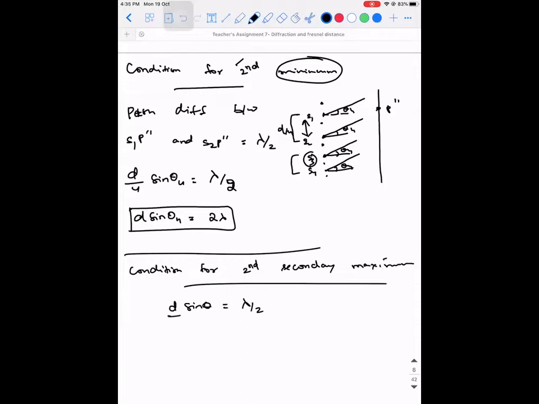It will be d by 5, the number of slits. So d by 5 times sine theta equals lambda by 2, which implies d sine theta is equal to 5 times lambda by 2. Similarly, what will be the condition for third minimum? 3 lambda. Yes. Fourth minimum, 4 lambda. Okay, keep on going like this.